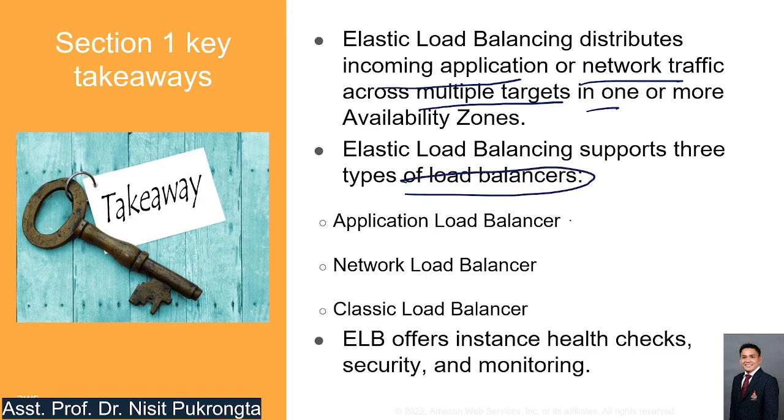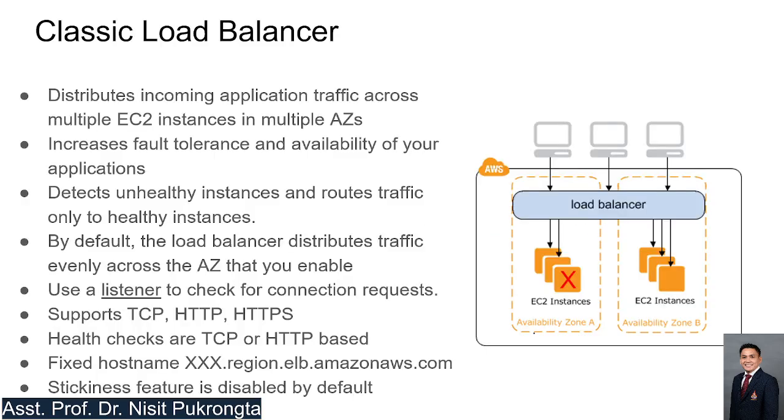Right now we have four, but the classic will be archived, and the gateway load balancer, GLB, is added. The types are the application load balancer, ALB, the network load balancer, and the classic load balancer, which we call CLB. ELB offers instant health check, security and monitoring.